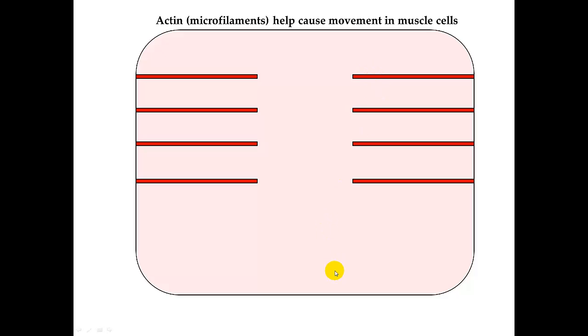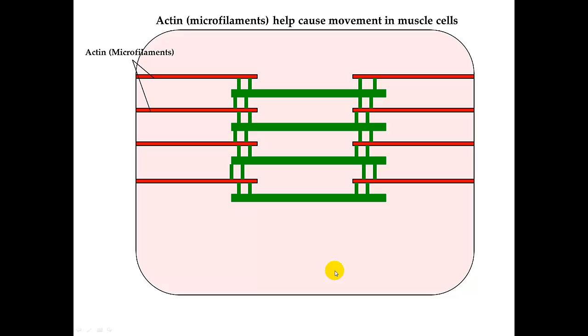The way that they do that is that they interact with another type of protein that we'll represent by these green lines. These are called myosin proteins or myosin filaments. Basically what occurs is that these parts of the myosin filament act kind of like hooks that can grab onto the actin.